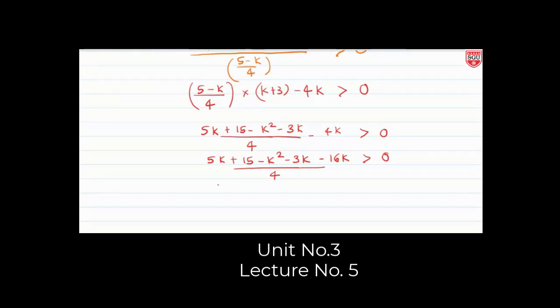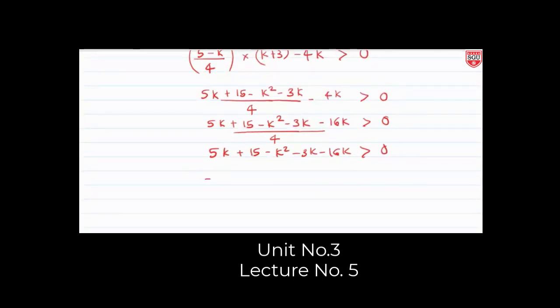So what will you get? After simplification, adding common terms, it will be 5k plus 15 minus k square minus 3k minus 16k greater than 0. And finally, what we will get? Minus k square minus 14k plus 15 greater than 0.